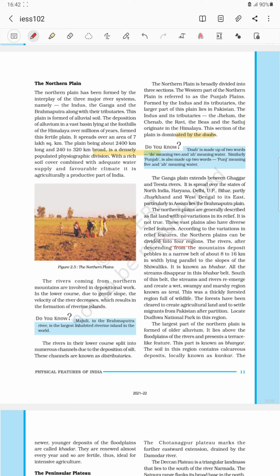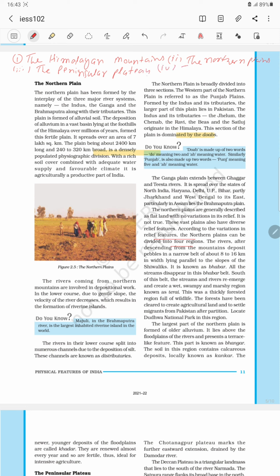India is divided into six parts on the basis of the physical features. That are the Himalayan mountains. Second one, the northern plain. Third one, the peninsular plateau.